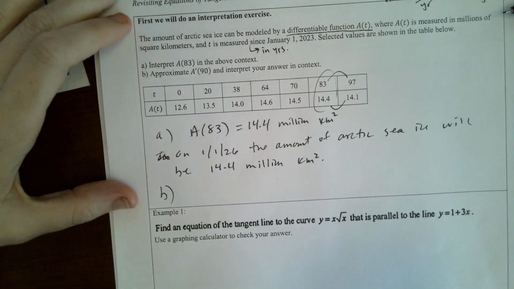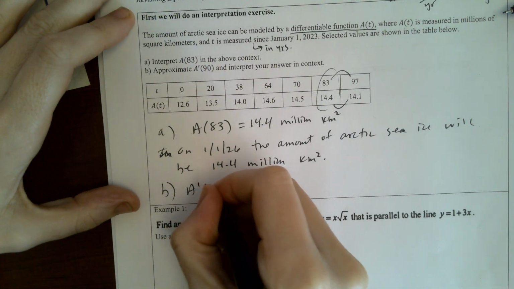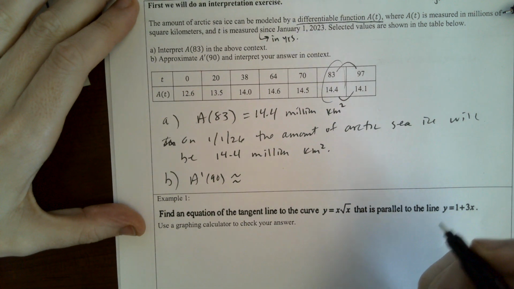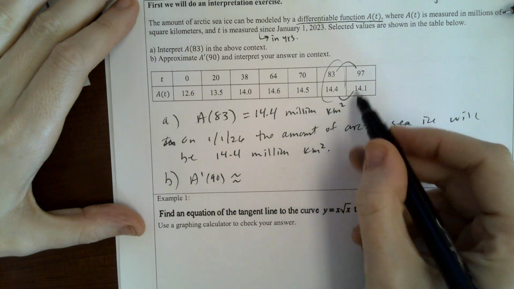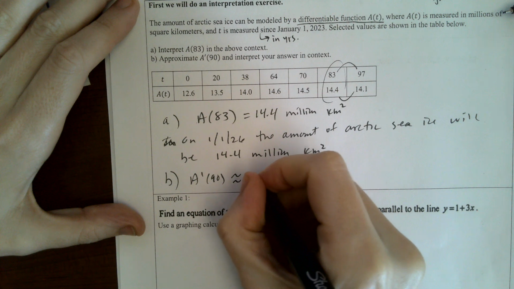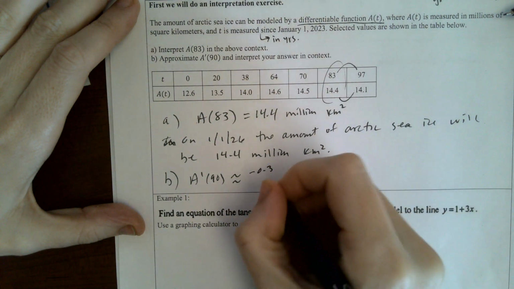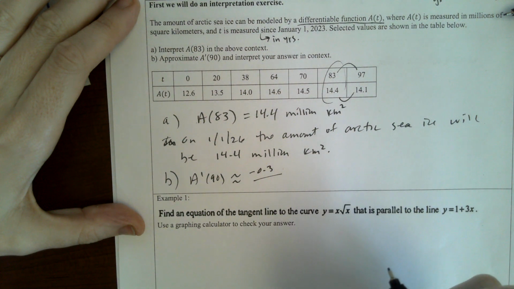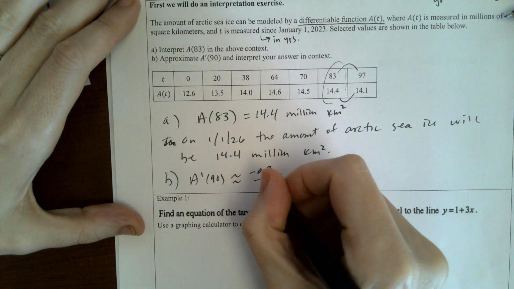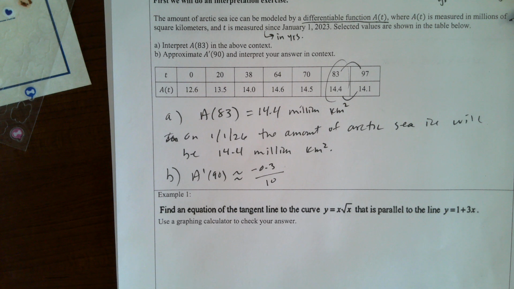So A prime of 90 is approximately 14.1 minus 14.4, so negative 0.3, over 97 minus 83. You can actually do this without a calculator, but try to for sure.